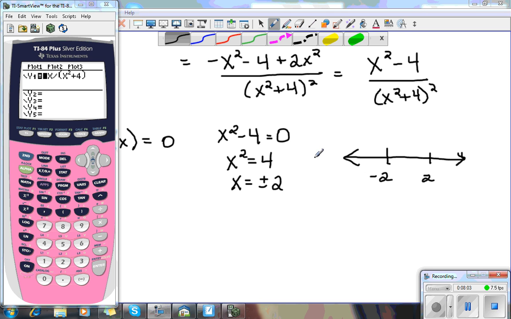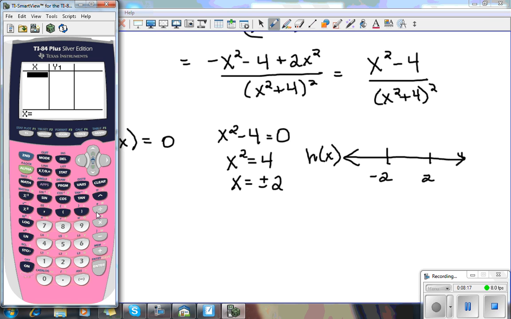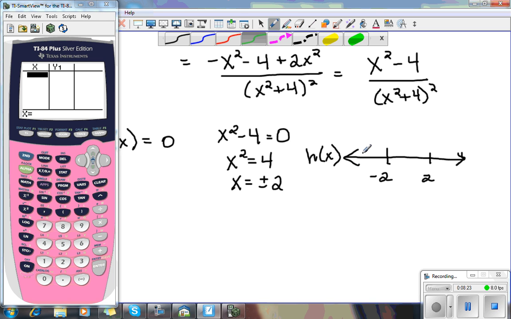All right, so here is my function, which was, let's see, this line represents h of x. I went ahead and plugged this into my calculator, and I'm going to go to the table. I'll plug in a negative 3, a 0, and a 3 to check those.